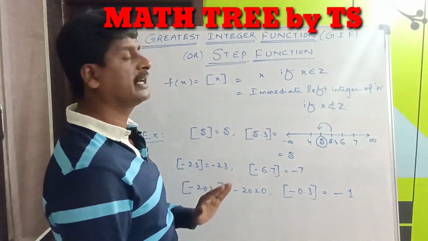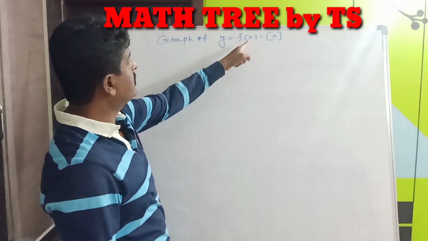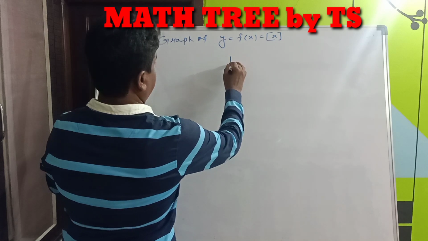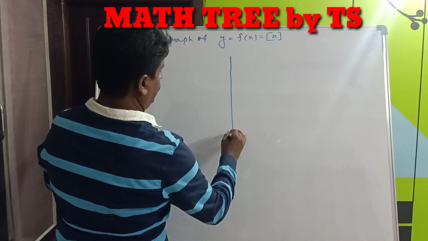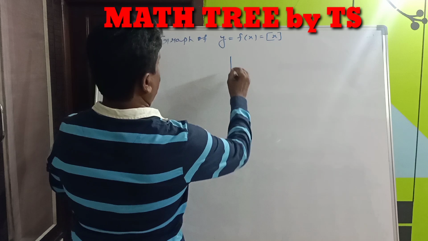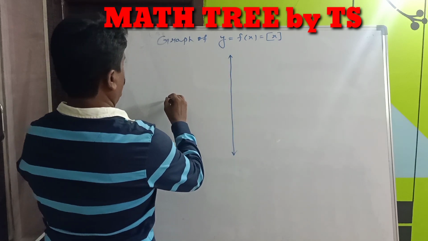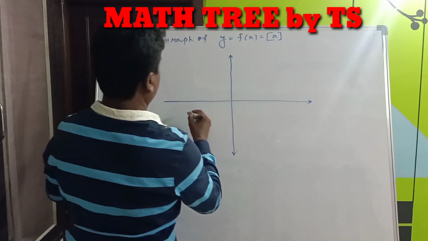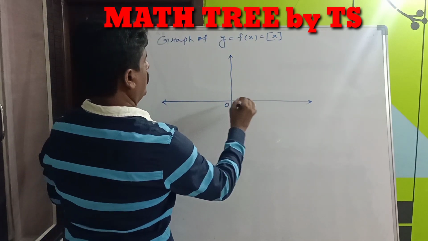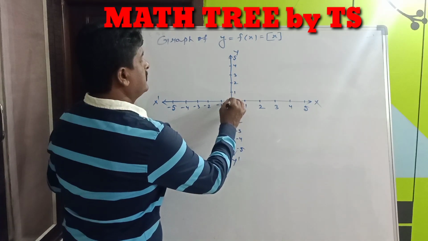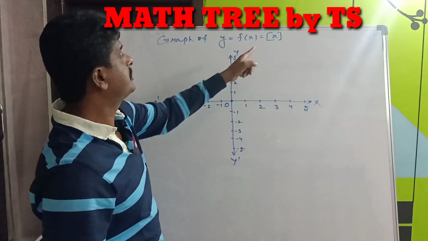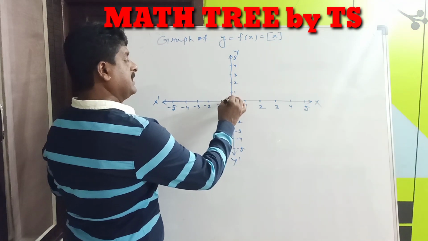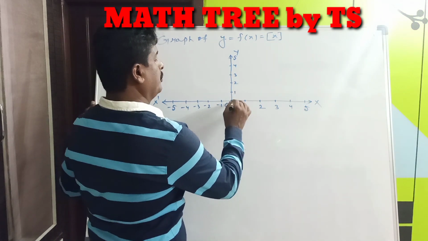Now let us draw the graph of f of x, which can also be written as y. Suppose the x value is 0, step of 0 is 0. That's why at x equals 0 the corresponding y is also 0.